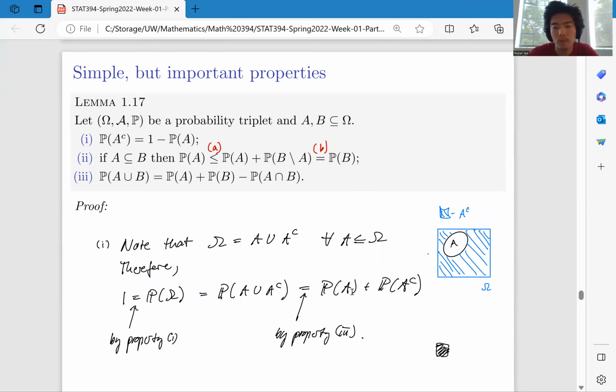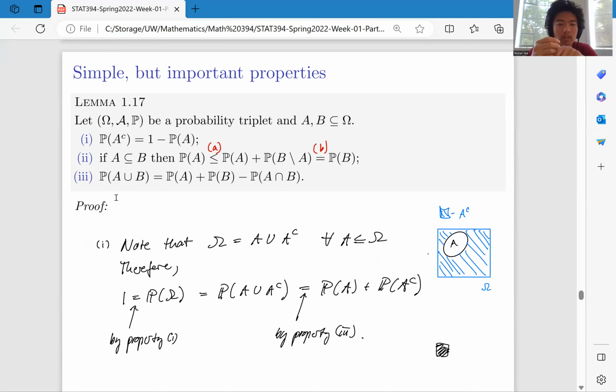And if we move P(A) to this side, P(A complement) is equal to 1 minus P(A), which proves property 1. So that's the whole process of the logical thinking behind this proof.